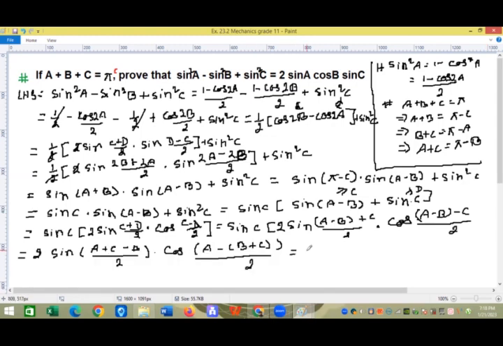Now in the further step you can see here 2 times sine, and you know from this pattern that A plus B plus C is pi, and here it is written as A plus C. So in place of A plus C you can write pi minus B, and this is going to be divided by 2.